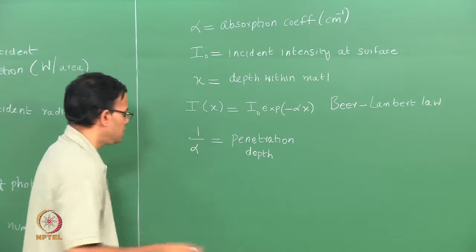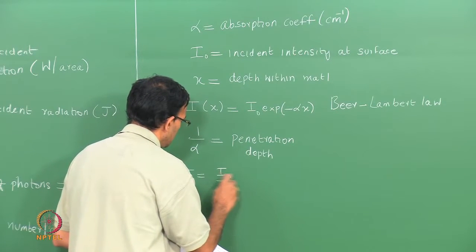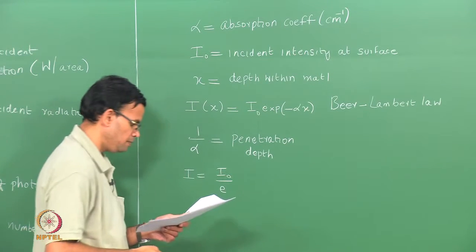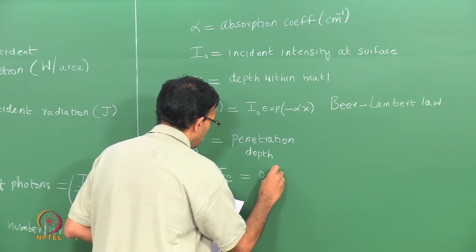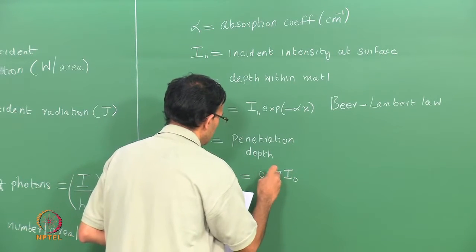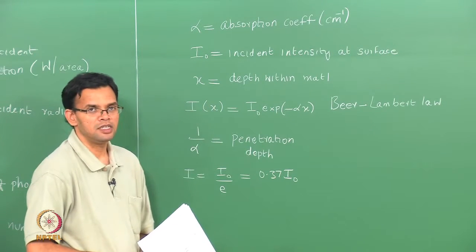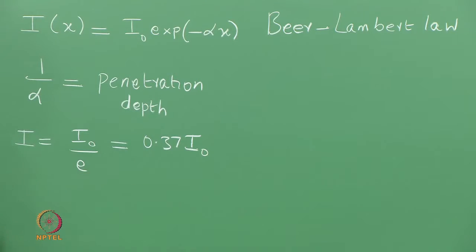So, that at this distance I is nothing but I naught over e, which is 0.37 I naught, which means your intensity has dropped to 37% of the original intensity I naught.